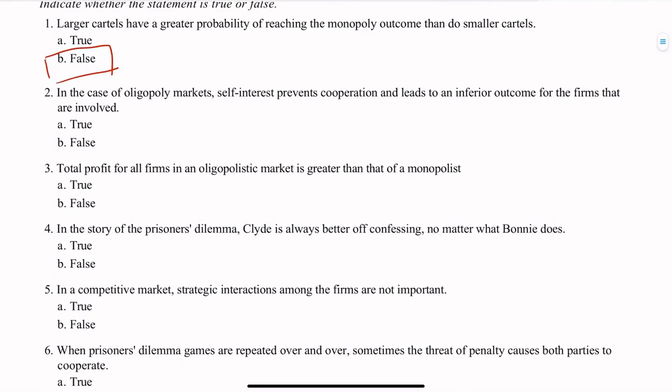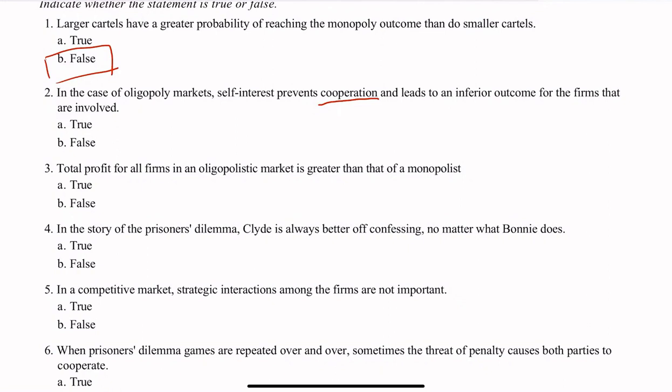Second, in the case of oligopoly markets, self-interest prevents cooperation and leads to an inferior outcome for the firms that are involved. For this one, you can see that it is actually correct, right? Because first, ideally, these firms can cooperate with each other, and then they could operate as a monopoly. This will give them the highest possible profit.